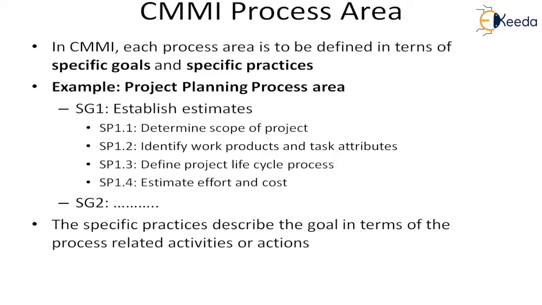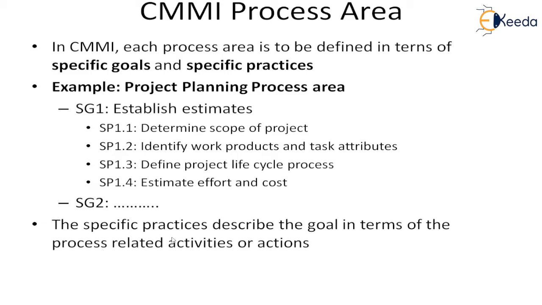Based on the work products, task attributes and life cycle process, we estimate the effort required to carry out the project. Then we take into account the resource costs, resource rates and other costs, and determine the cost of the project. Then we can have multiple goals, and for each goal we can have many practices.